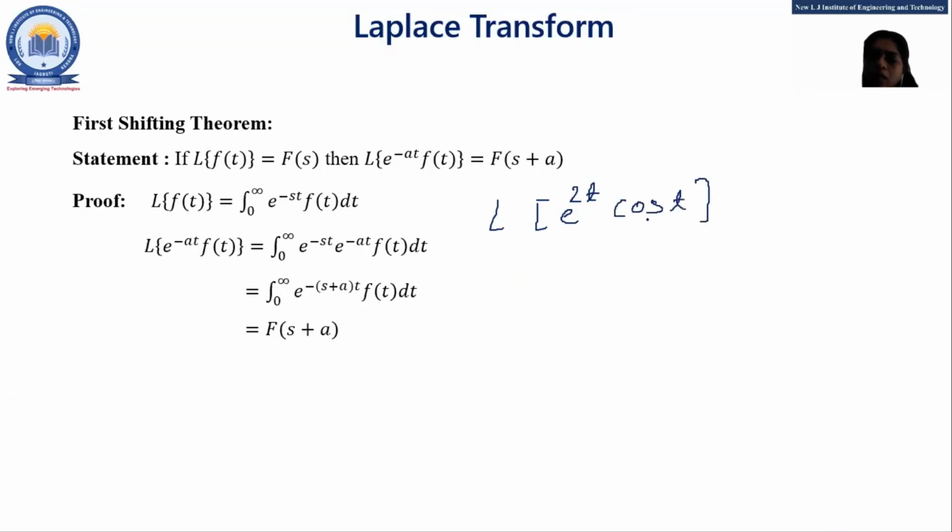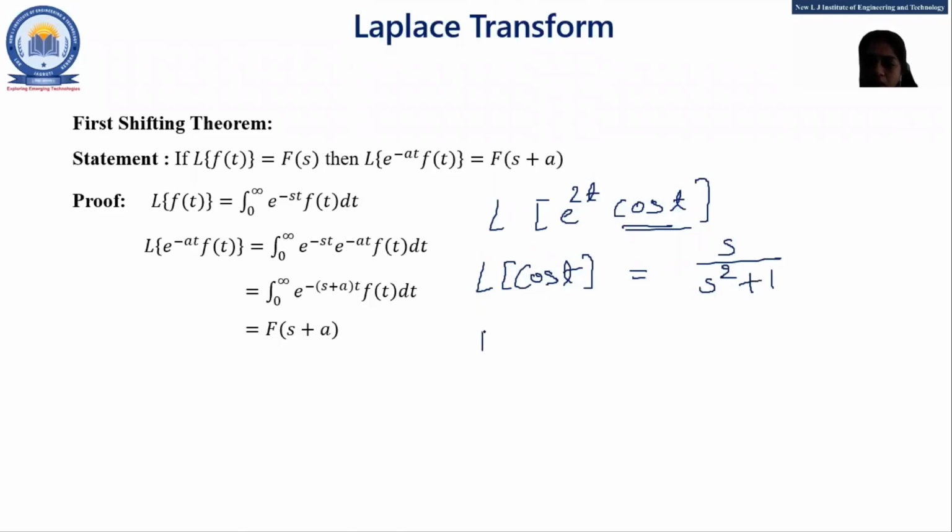Okay. Now, what do you have to do first? Now your function is what, students? Cos t, right? So we first find Laplace of cos t, and Laplace of cos t is s upon s square plus 1. Okay. But our main question is not only cos t. Our main question is e raised to 2t into cos t, right?